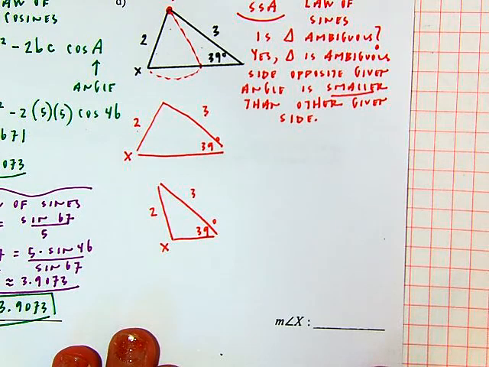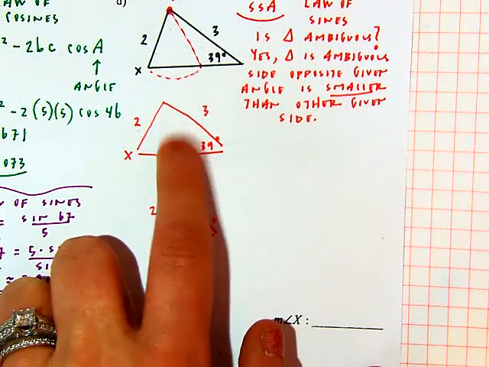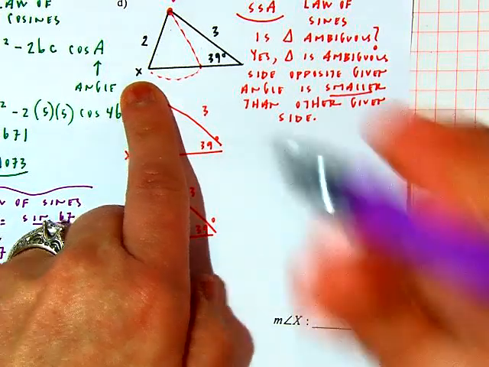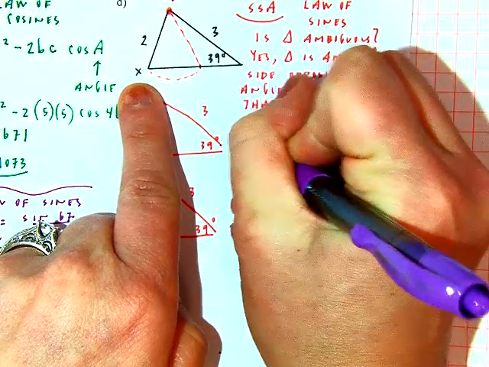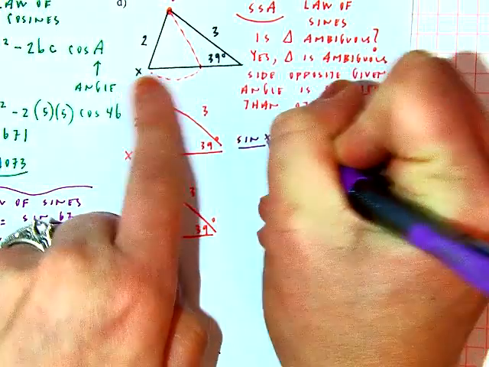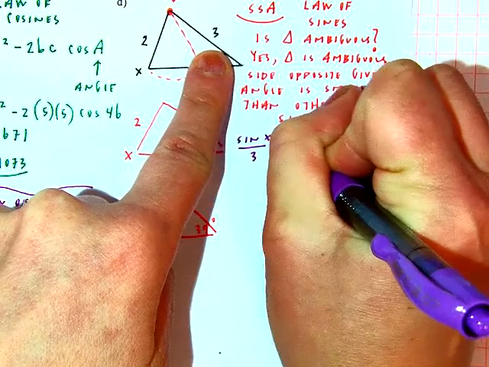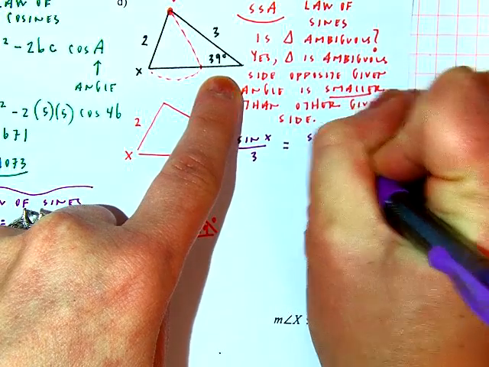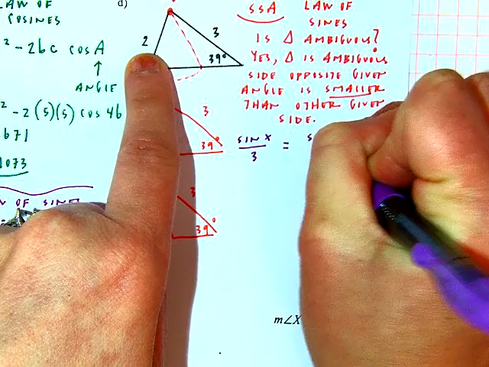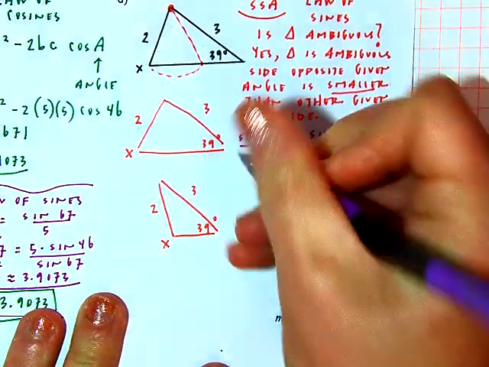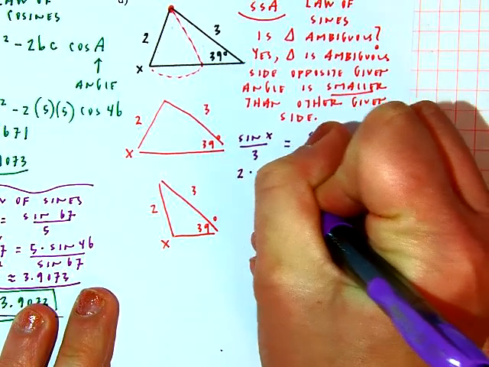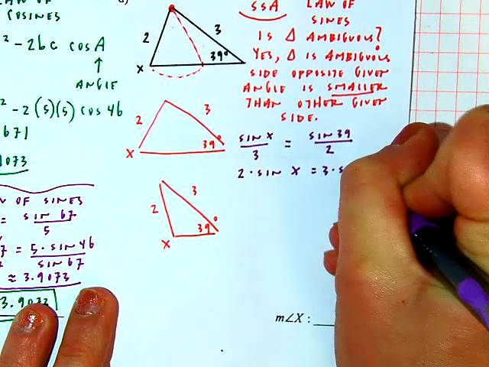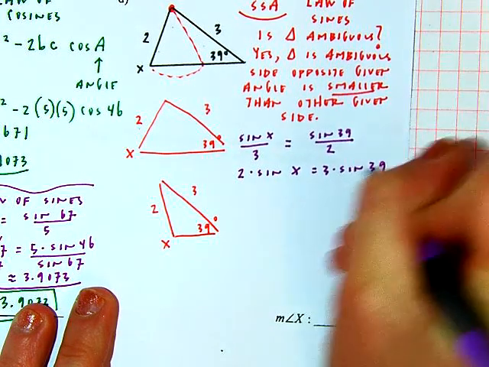Let's solve for case 1. So this one right here. All right, so from here, I can say that sine x is to 3, just as sine 39 is to 2. Okay, cross multiply. So 2 times sine x equals 3 times sine 39.